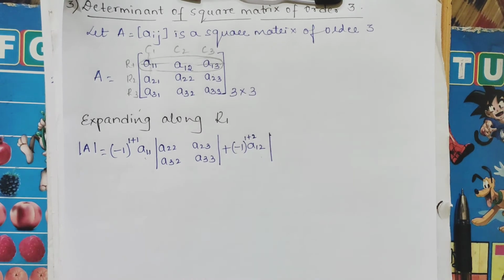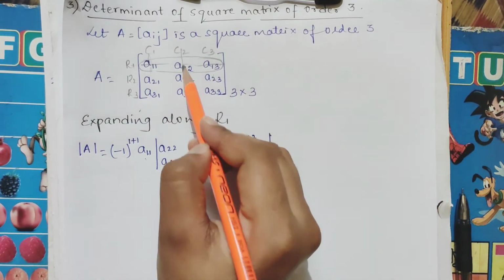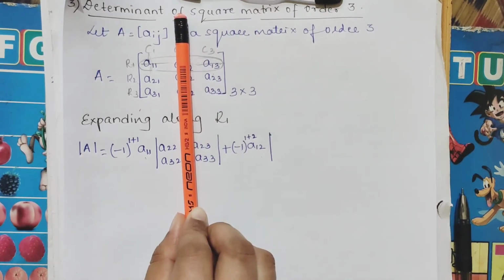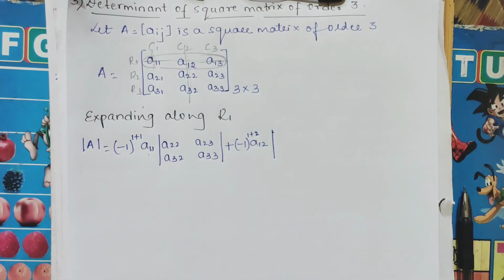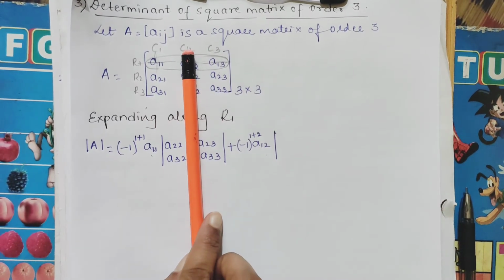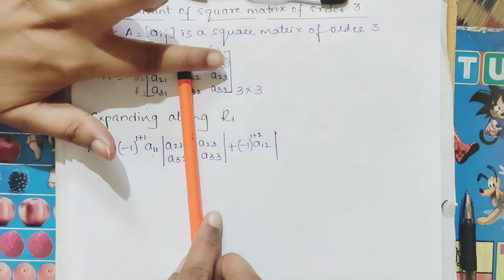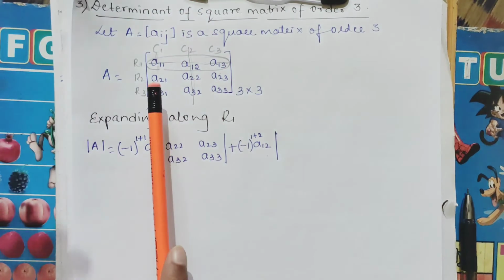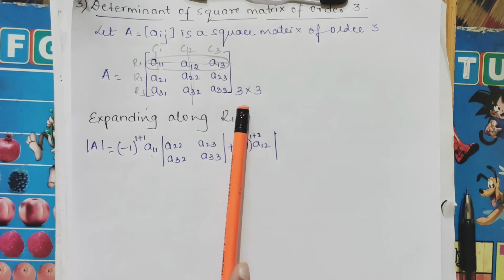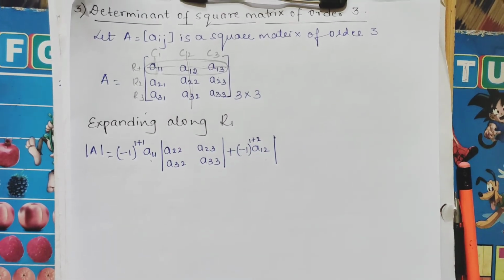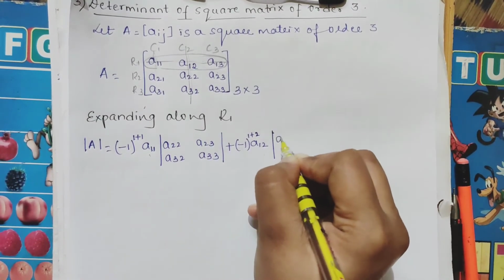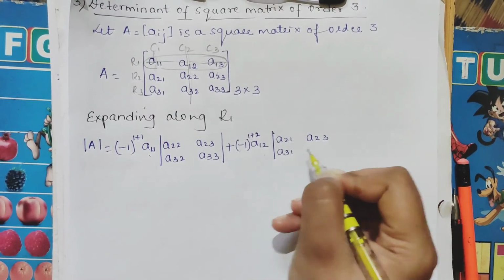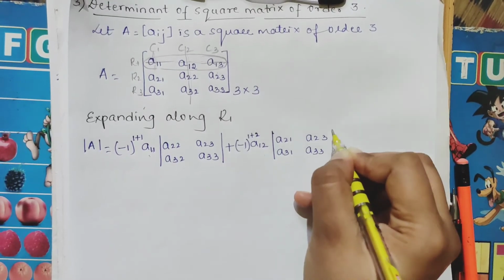Second is column 2, so the first row and second column get deleted. If you want, you can hold it like this with one finger here and the other finger here while you do it. Then the remaining elements are A21, A23, A31, A33. So you can write A21, A23, A31, A33.